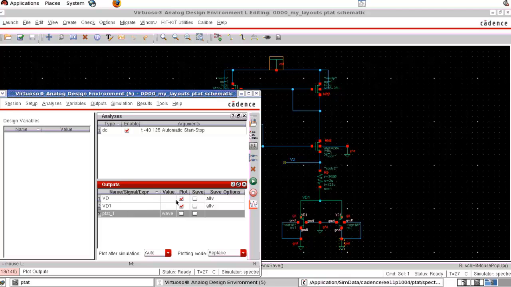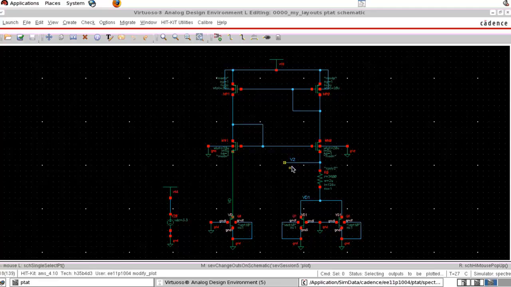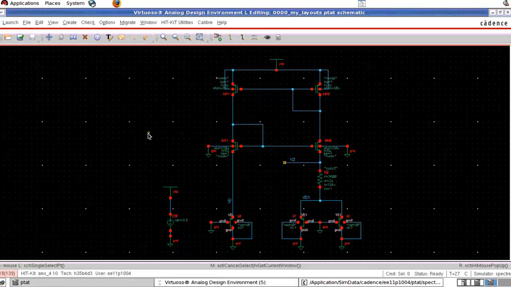Now I don't want to plot VD1. I want to plot VD and V2. So output to be plotted, select on schematic, is V2. So we said with this current mirror arrangement, by the property of the current mirror, VD will be equal to V2.